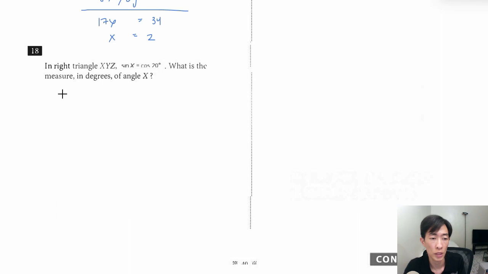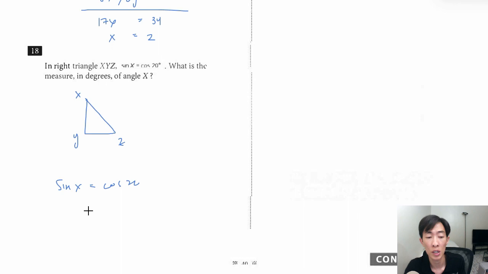Question 18, right triangle XYZ. So we'll do X, Y, Z. The sine of x is equal to the cosine of 20. By the way, I don't really know if y and z are there, but we know that x is one of the acute angles. So we don't even need a diagram. Notice what it says. The sine of x is equal to the cosine of 20.